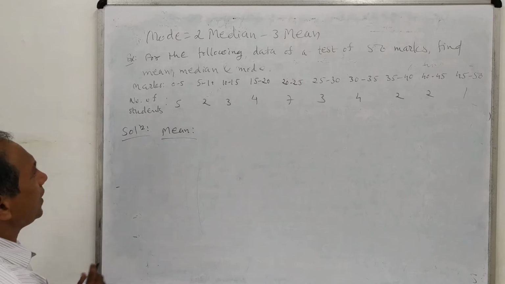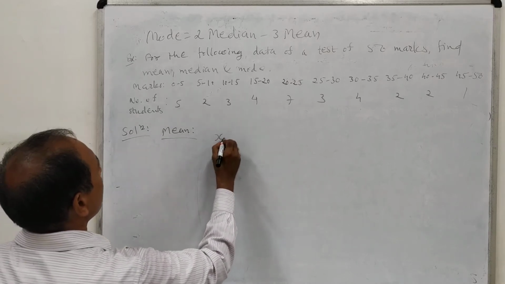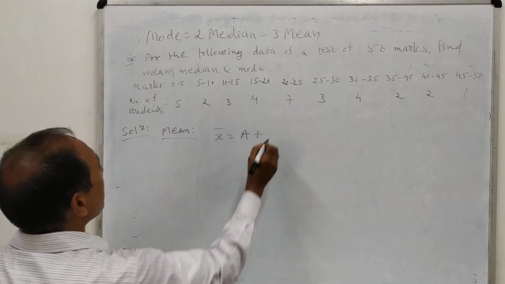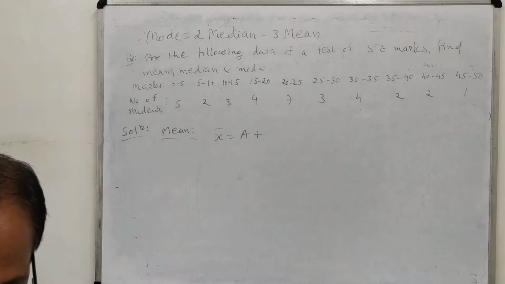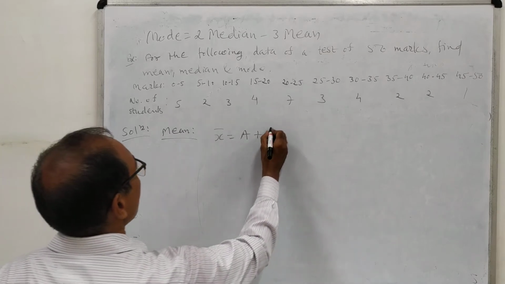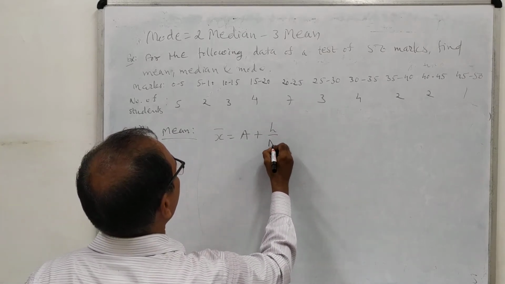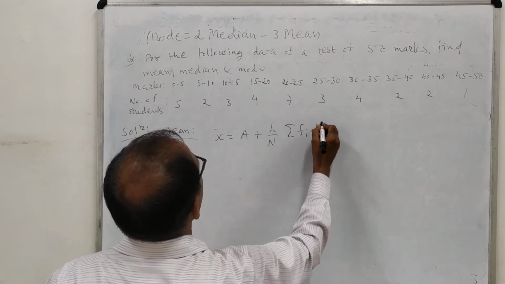So to find out mean, here we will make the use of formula x bar equal to a plus, you must have seen the formula which we have written during our study. This is nothing but h upon n into sigma fi di dash.